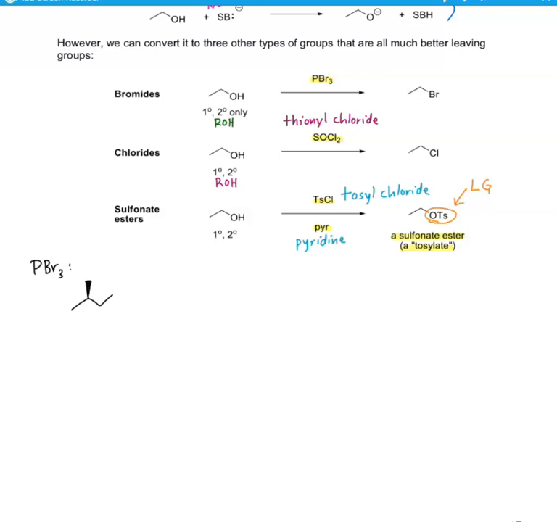Okay, so let's start with this alcohol, which you'll notice is not only chiral, but the OH group is attached to an asymmetric carbon. So that asymmetric carbon is going to become important. So here's PBr3.